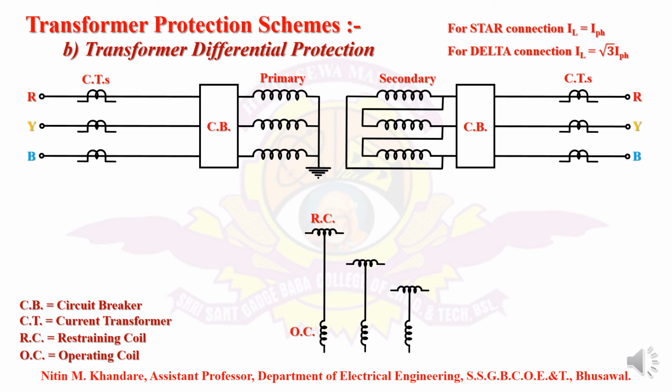So the CTs on the primary side, which is connected in star, will be connected in delta, whereas the CTs on the secondary side, which is connected in delta, will be connected in star fashion, like this.